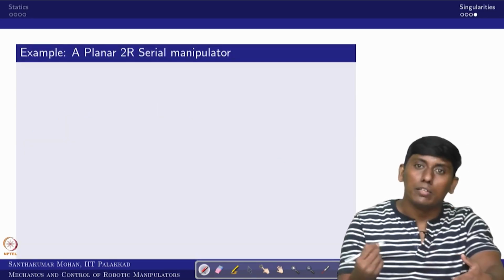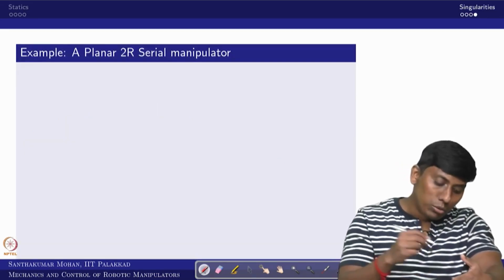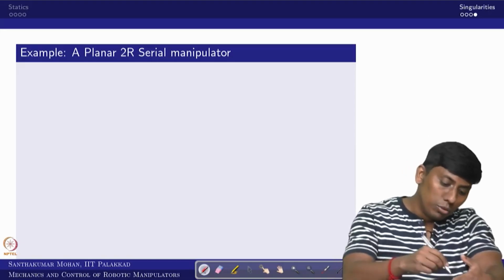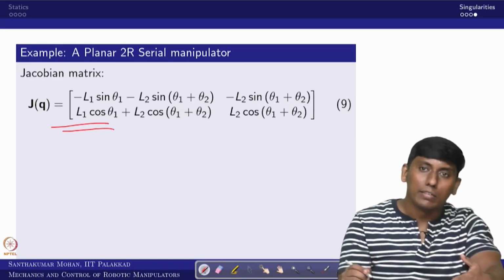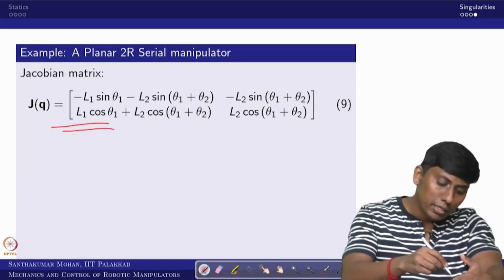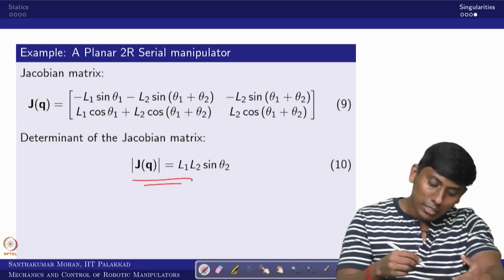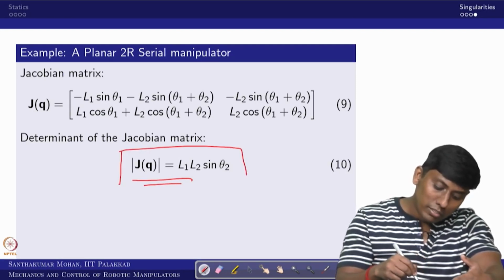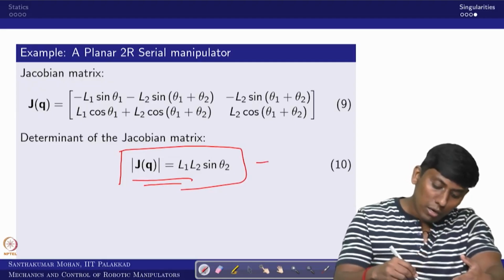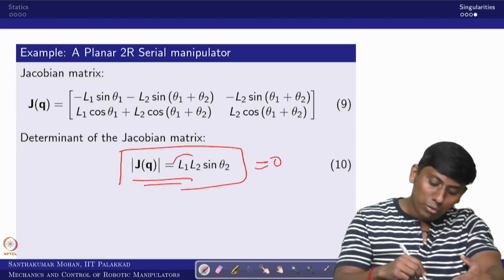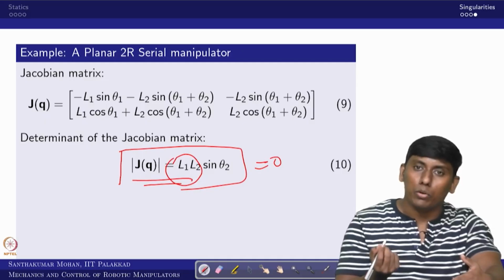I am just showing a small example here. For a 2R serial manipulator, you already know the Jacobian matrix. Now you take the determinant. So what will come? Finally you end up with this as the result. Now you equate it to 0. L1 L2 are link lengths, which cannot be 0.